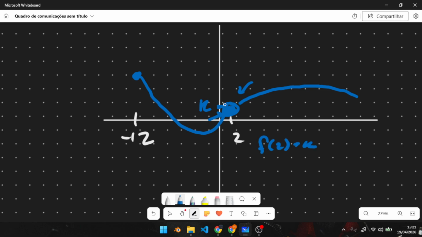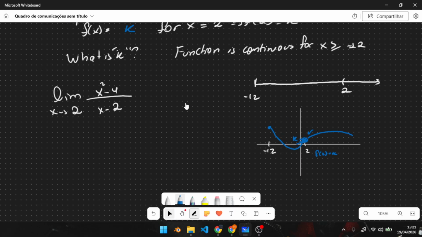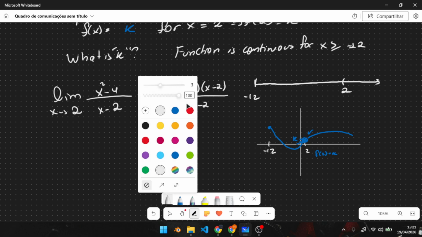I almost committed a mistake right here. We need to find k, and that is going through limits. So, okay, how do we solve this? This is pretty straightforward. This is the difference of squares, I think. So that's going to be x plus 2 times x minus 2, divided by x minus 2.